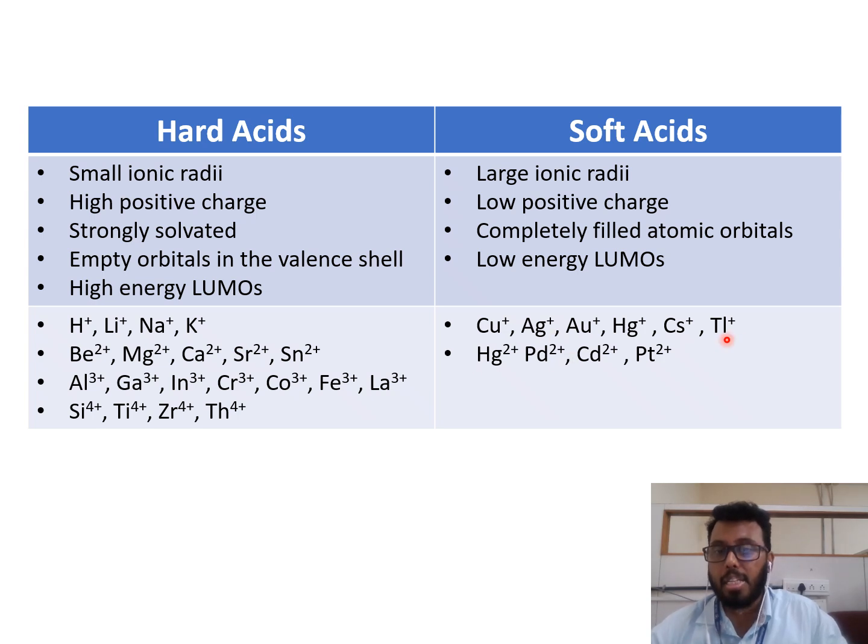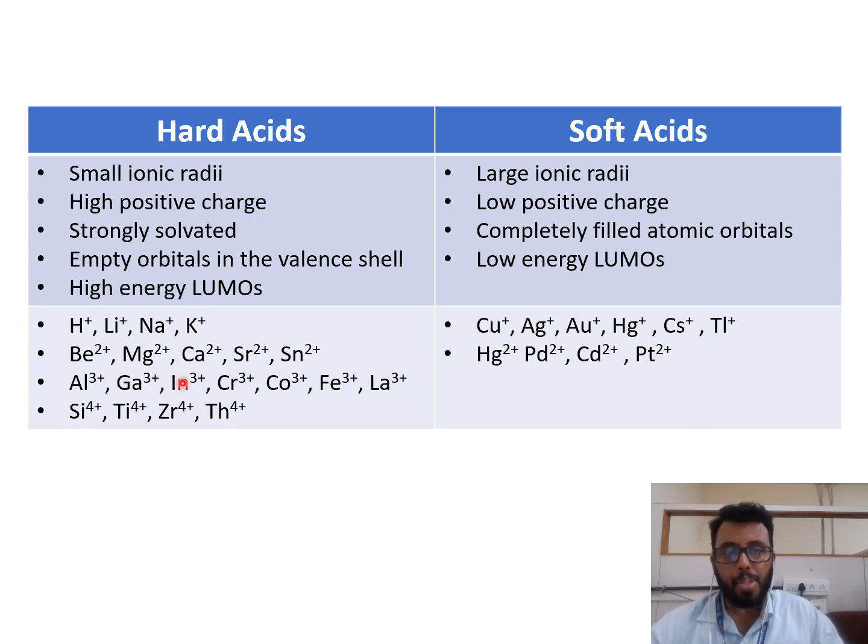Whereas the transition cations, which are positioned in the middle of the periodic table, like Cu plus, Ag plus, Au plus, mercury, and not only the monovalent, the bivalent cations like Hg2 plus, palladium, cadmium, platinum are also considered soft acids.